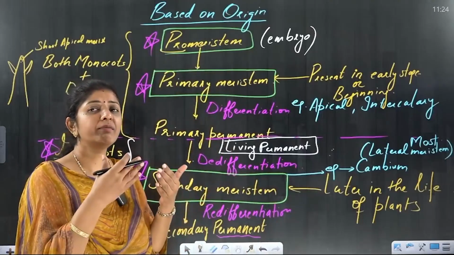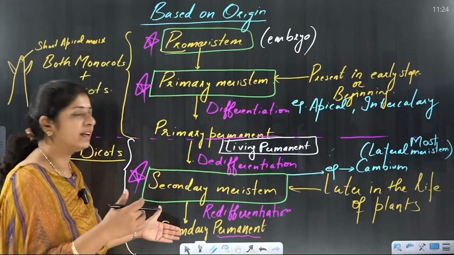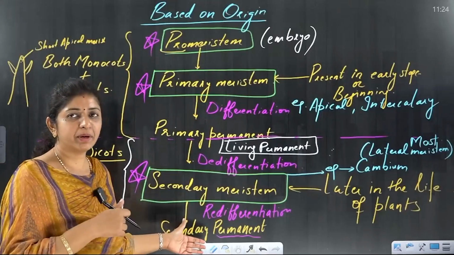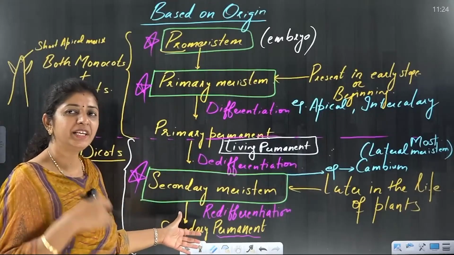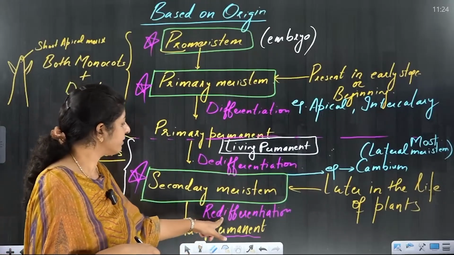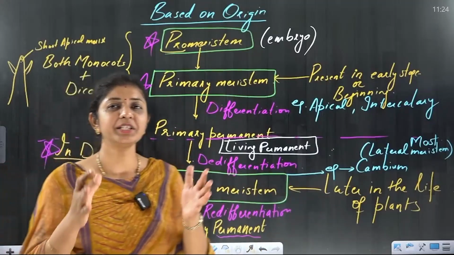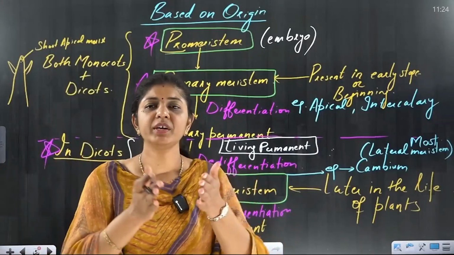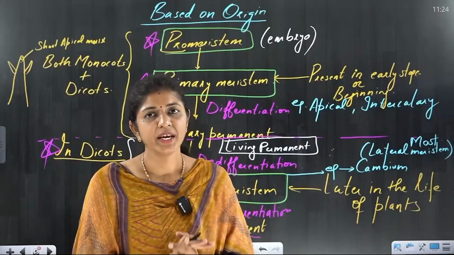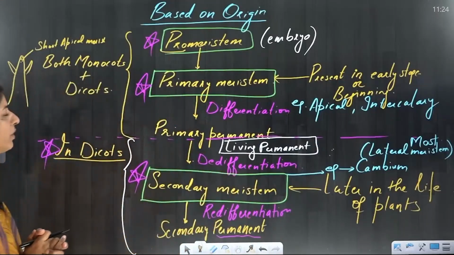De-differentiation. Now, why have they become meristematic? To add another set of secondary permanent cells. Again, they are becoming specialized. That's why you call it as re-differentiation. Again, they are becoming specialized to increase the width of the plant. Right? So, this is based on the origin.